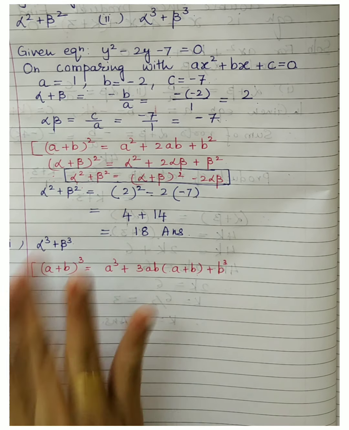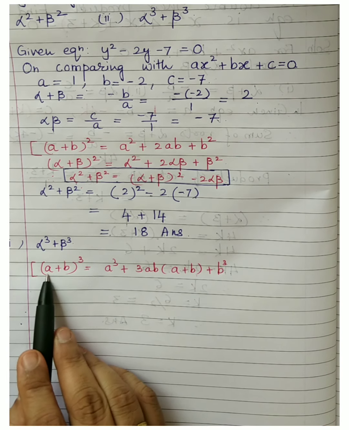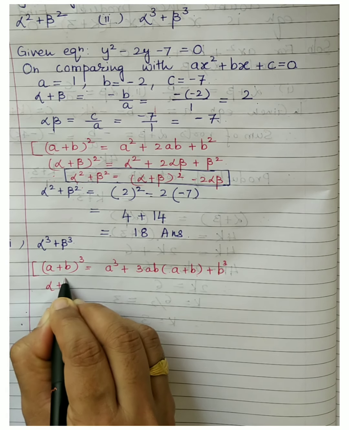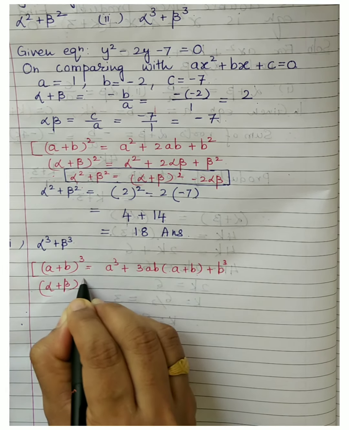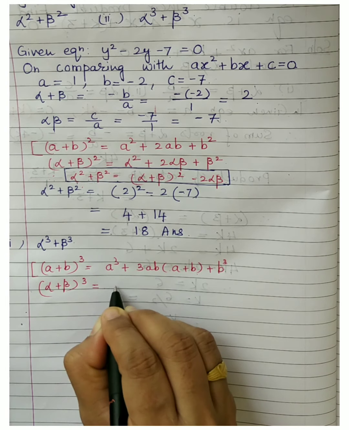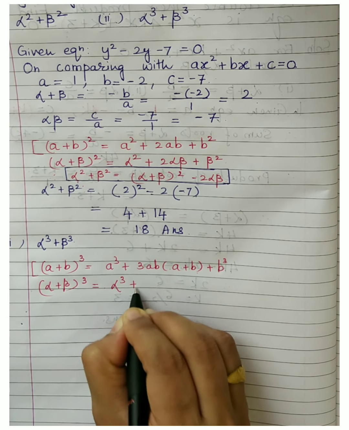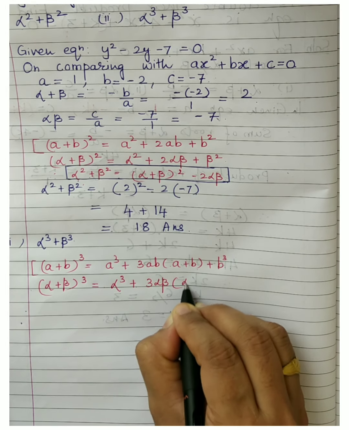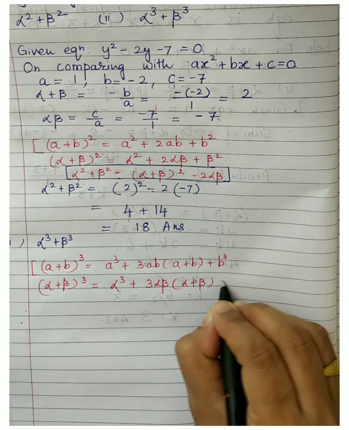So we can get the formula converted. But before that, a plus b I will replace by alpha and beta. So I get alpha plus beta whole cube equals alpha cube plus 3 alpha beta bracket alpha plus beta plus beta cube.